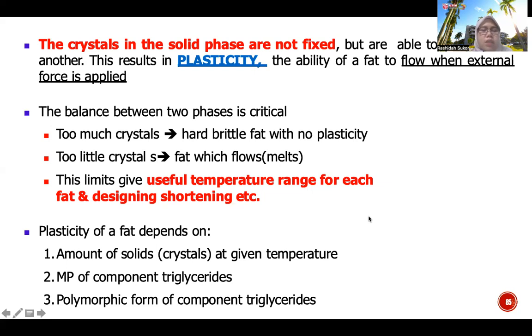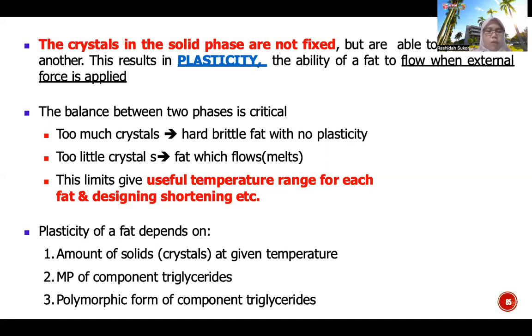Too much crystal will have hard brittle fat with no plasticity, and too little crystal will produce fat which melts. This will give a useful temperature range for each fat and in designing shortening. Dalam fat industry ada banyak different types of fat kan.